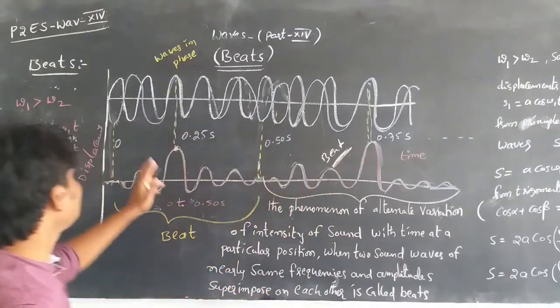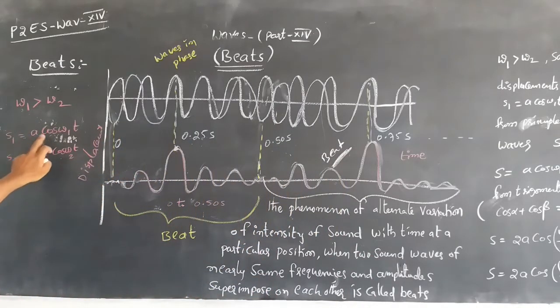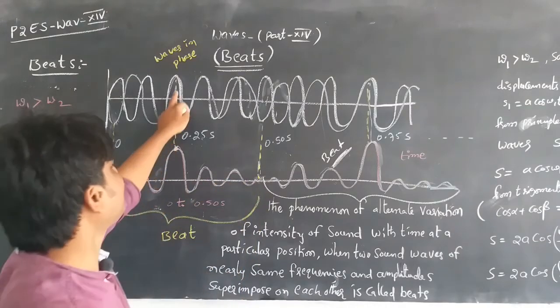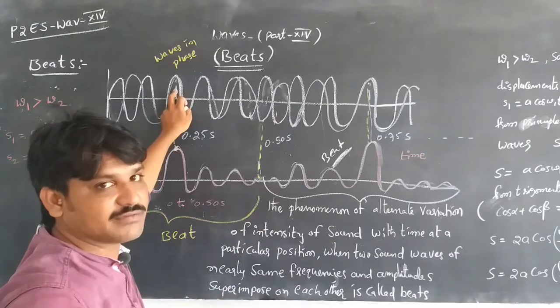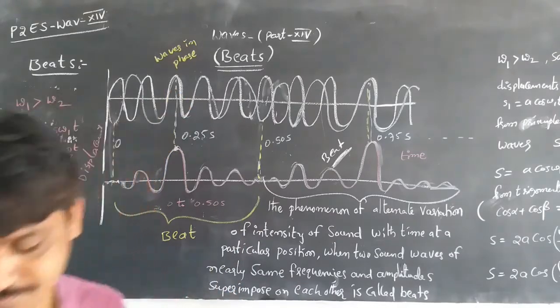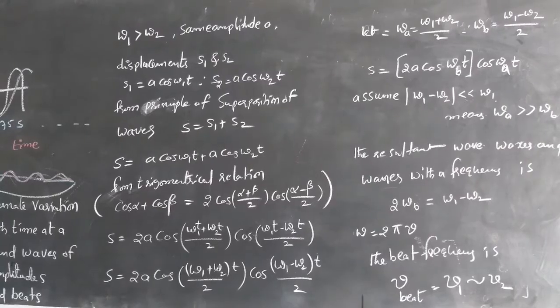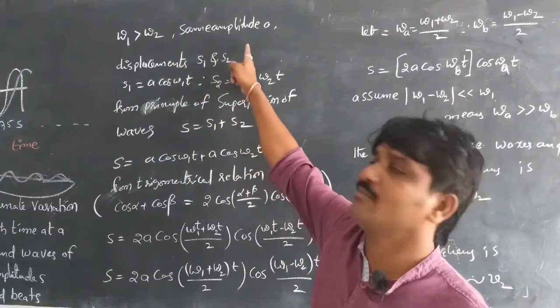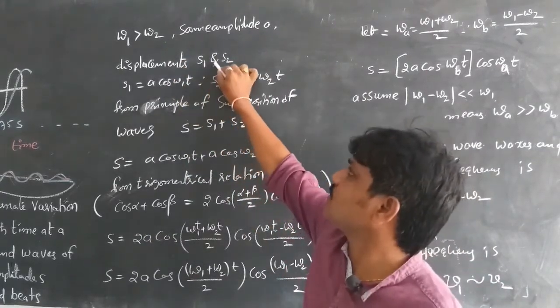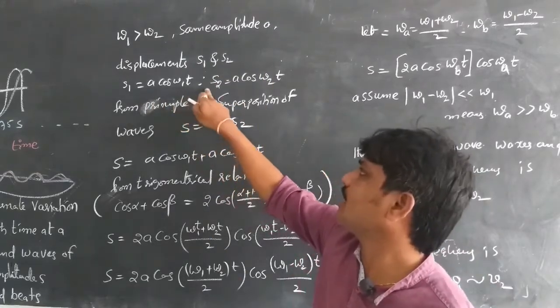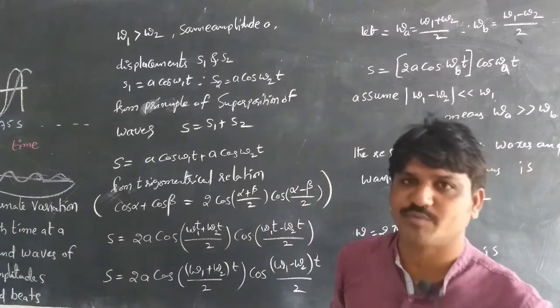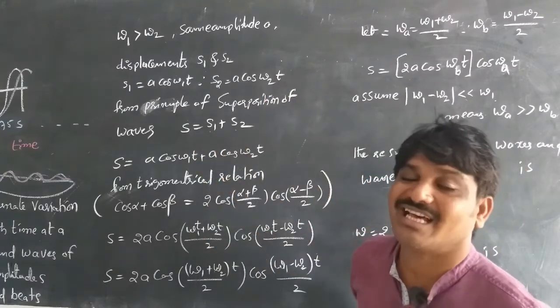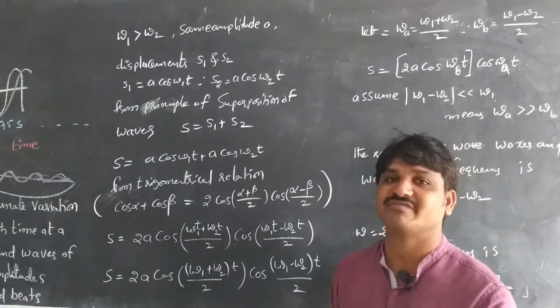Next, the displacement of the first wave is S1 equals A cos omega 1 t, and for the second wave, S2 equals A cos omega 2 t, with omega 1 greater than omega 2 and the same amplitude A. When the two waves are superimposed, from the principle of superposition of waves, S equals S1 plus S2, the resultant displacement, which is the algebraic sum of the displacements of the individual waves.